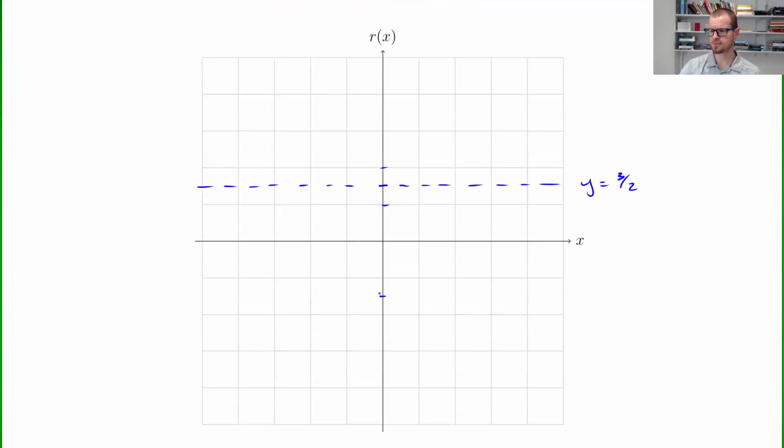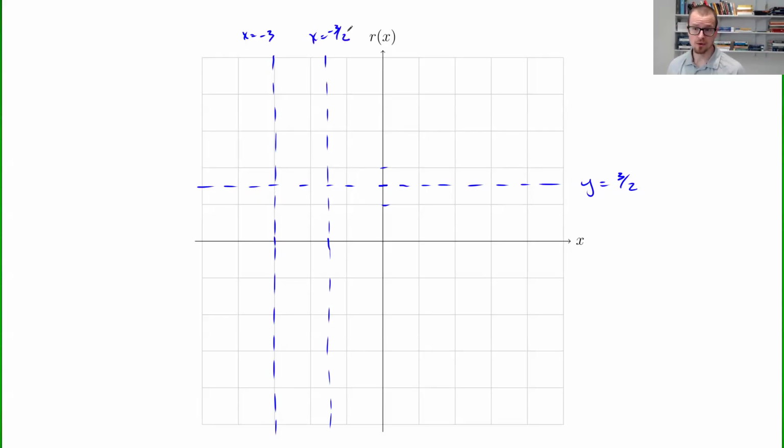Negative 3/2 and negative 3. X equals negative 3, x equals negative 3/2.